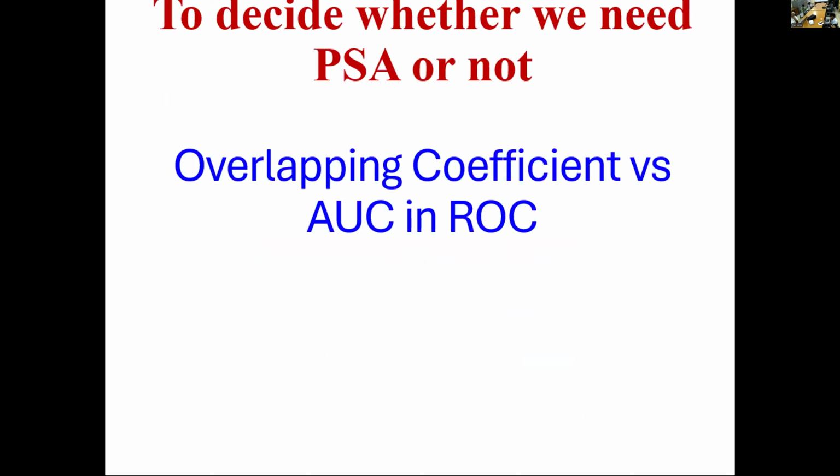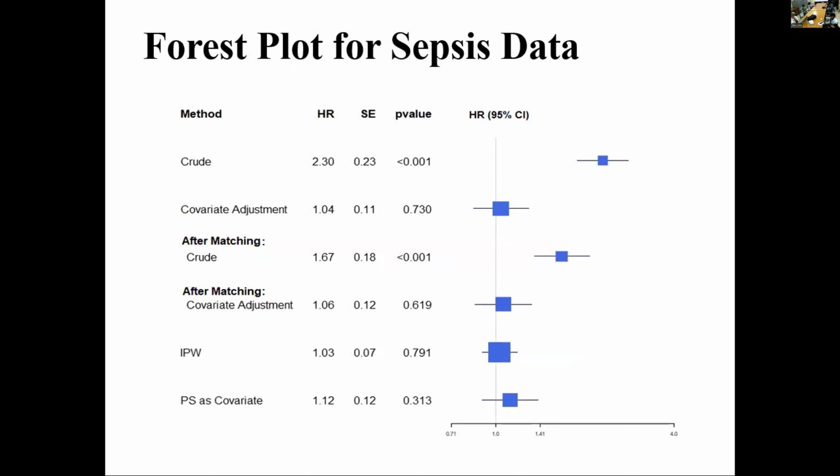Let us look at the analysis. The crude suggested that there is a significant risk, but after matching, I don't know how many subjects are available with us after removing.